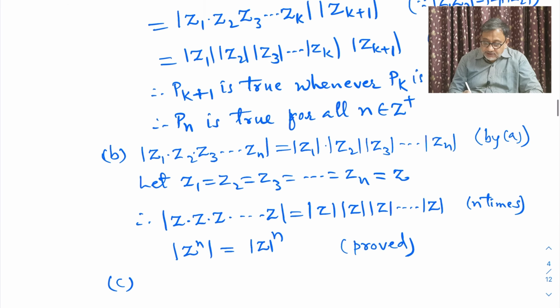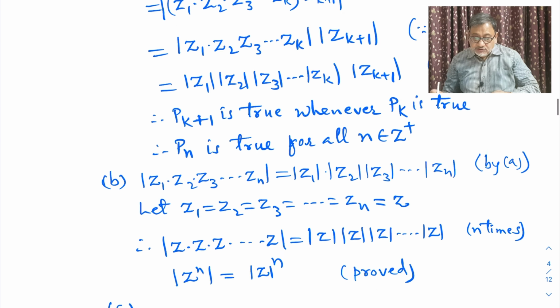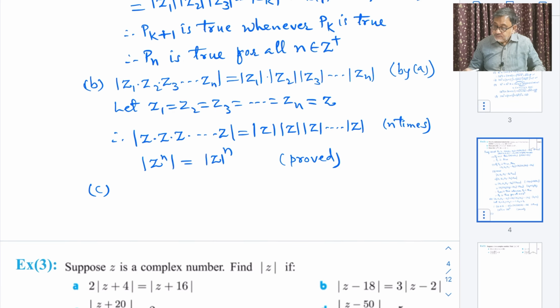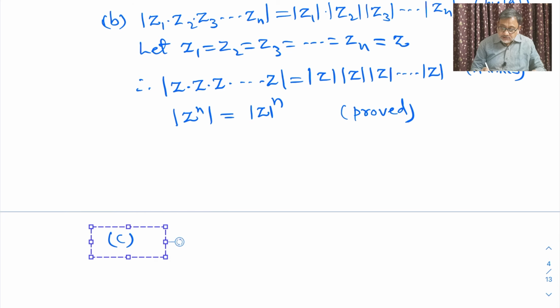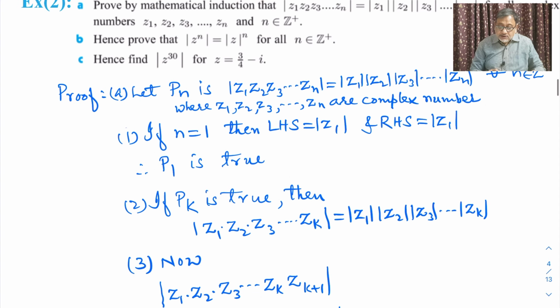Now the C part of it says, I will need more space, no problem. So the third part I am going to prove on the next page. What is the third part?